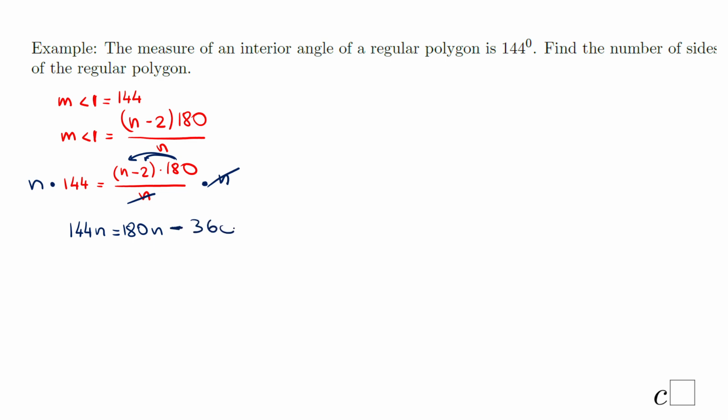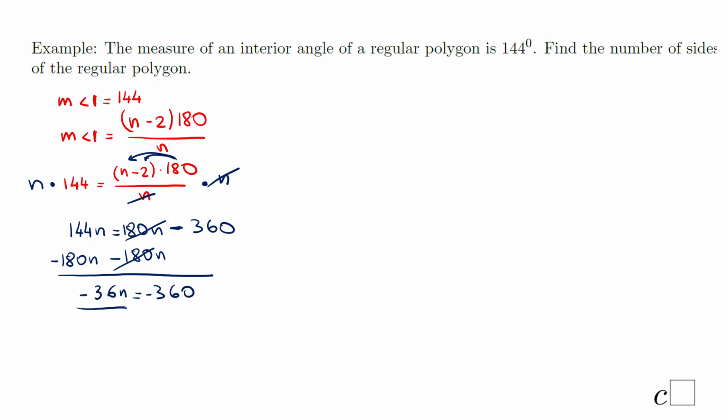And the easiest way to solve this equation is to subtract 180N on both sides. So we cancel out this. Don't forget to do that here. And we have 144N minus 180N, and that is negative 36N equals negative 360.